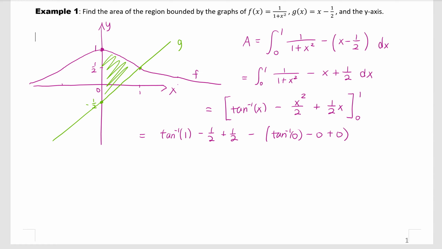Alright, so what is arctangent of 1? When I want to find the arctangent values, I always draw the tangent, because I know arctangent and tangent are inverse functions, right?